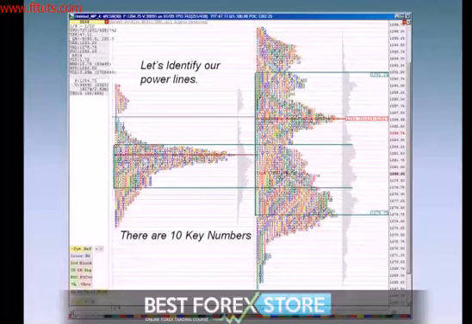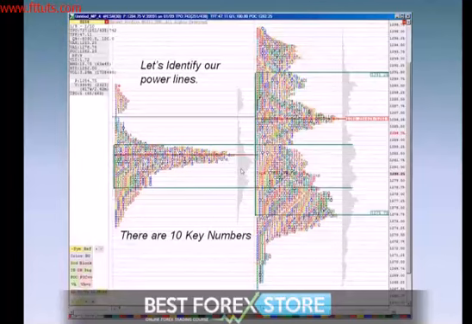The other ones are less significant, and this one would be the least significant of all because it does not extend out. And this one, since it's had the most TPOs, it certainly would be the most important one on this chart.